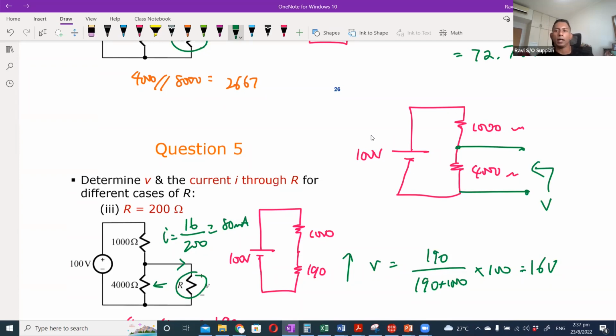But that 80 volt will not be the same once I connect a load, because the combined resistance between the load and this 4000 ohm will change, which means the effective voltage seen by the load will not be what you calculate without the load. We will come back to these when we go through some practice questions in a couple of weeks' time.